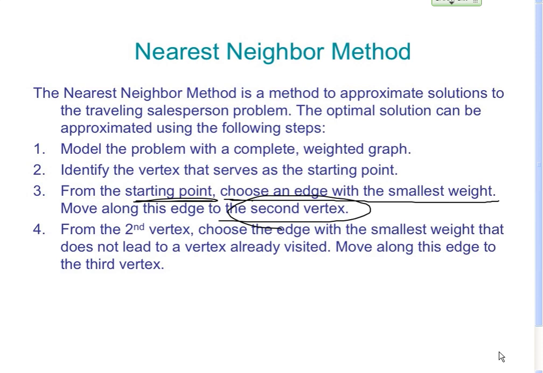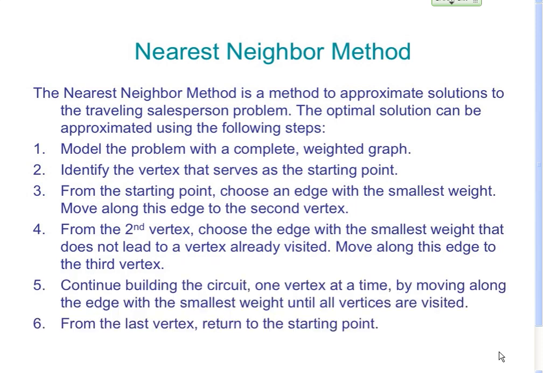From the second vertex, choose the edge with the smallest weight that does not go back to a vertex you already visited. Continue in the same manner until you've hit every vertex, and then go back to the first vertex, which was your starting point.